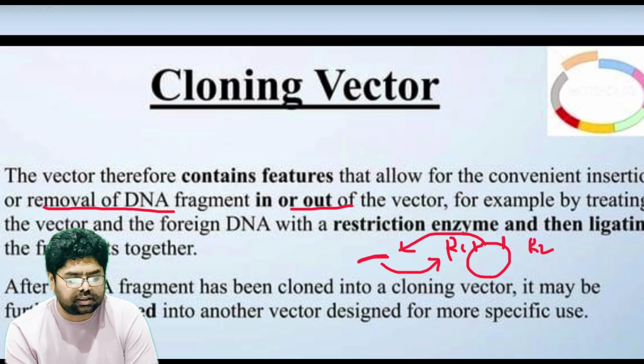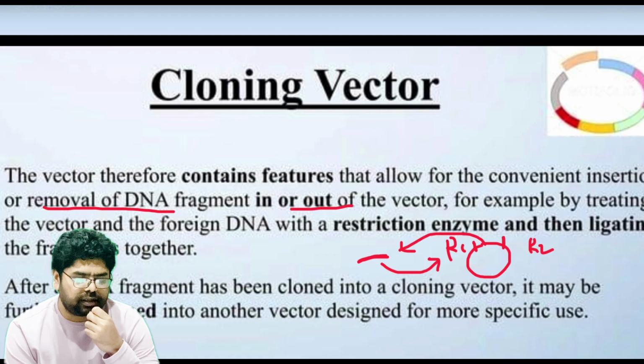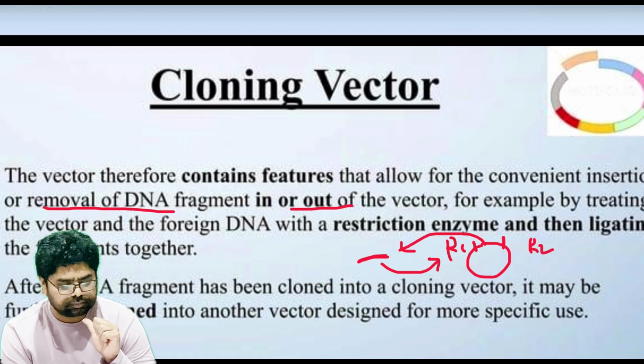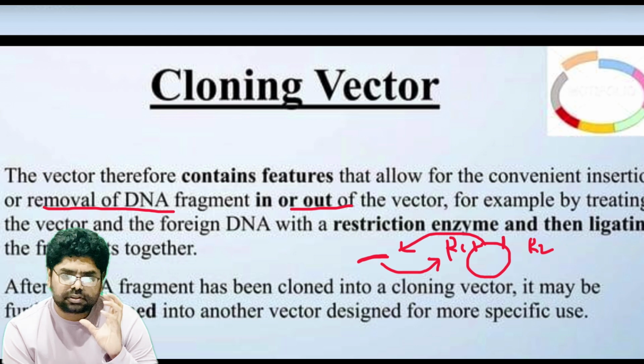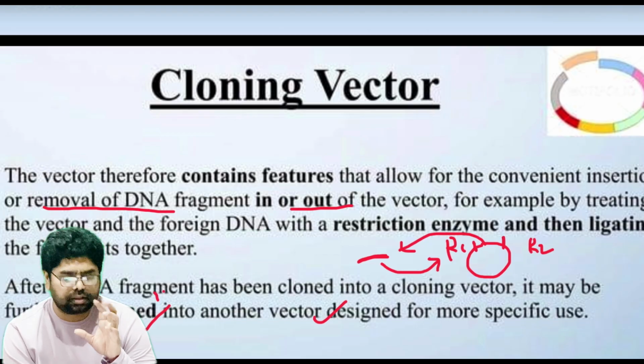You can cut it and clone it inside this vector. That's why it is called insertion or removal of DNA in and out of the vector with the help of restriction enzymes. If you want to insert it inside the vector, you will use ligase, and if you just want to cut it, you will just use the restriction enzyme.